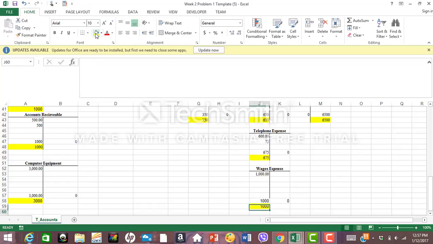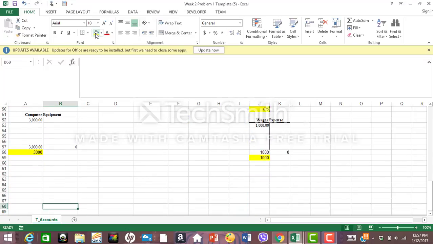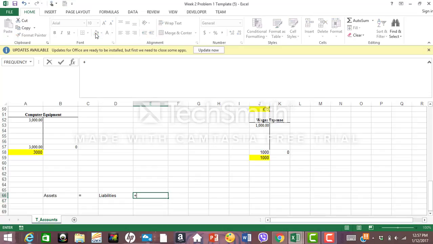And we have that. All right, and then we know assets are equal to liabilities plus owner's equity. Here, let's write that out.